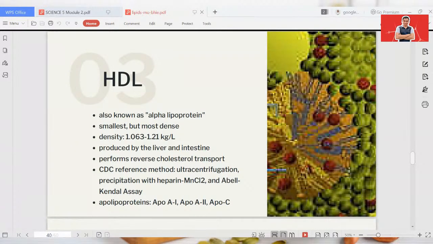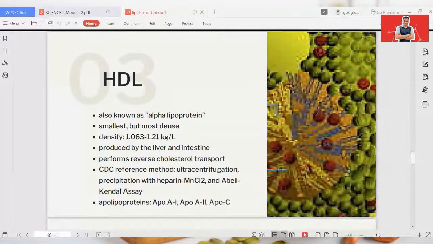The reference ranges: 60 mg/dL. If a person is protected against heart disease, their HDL is greater than 60. The higher the better is 40 to 59.